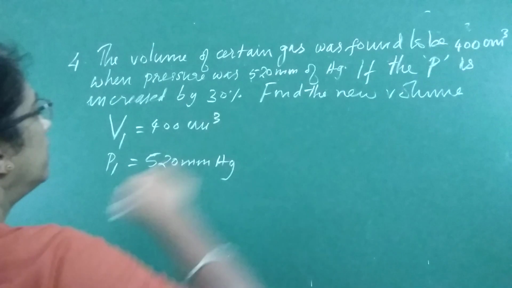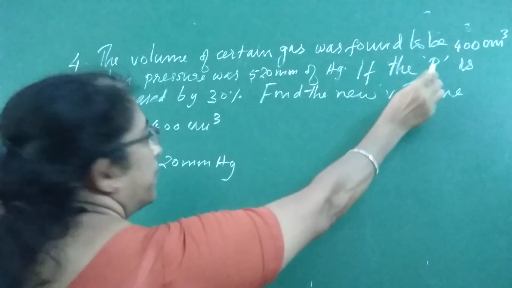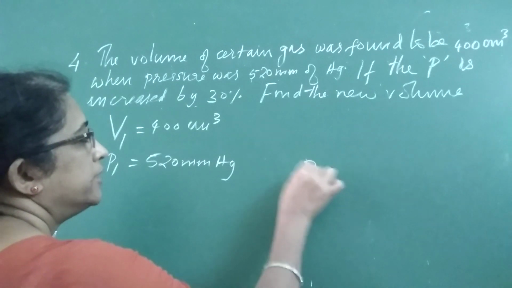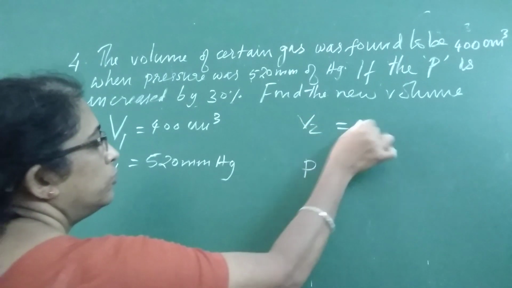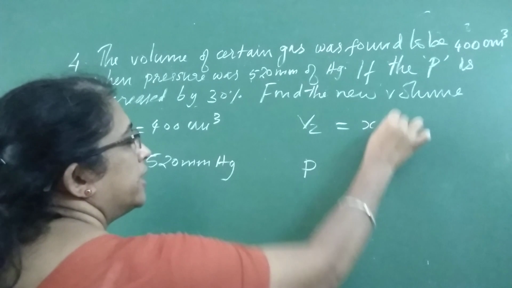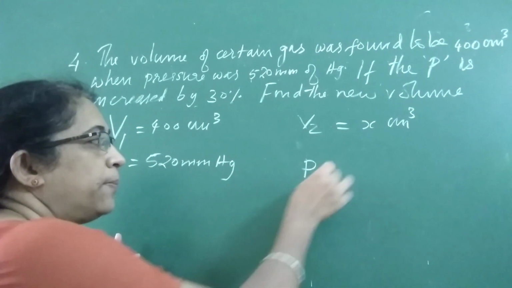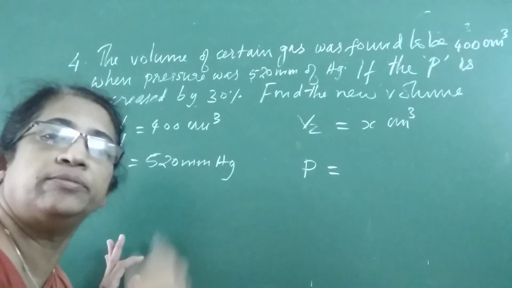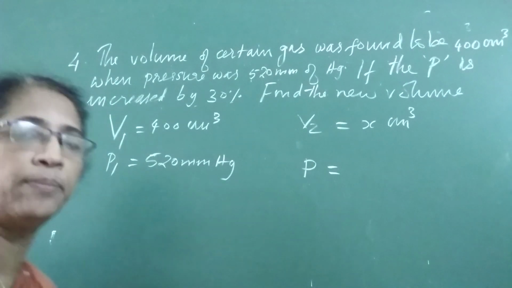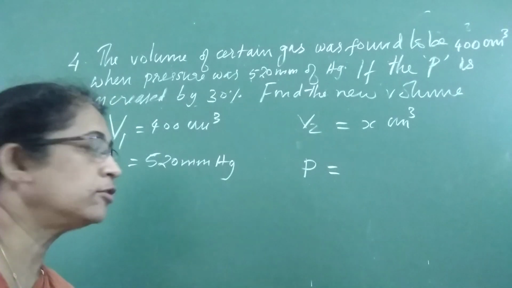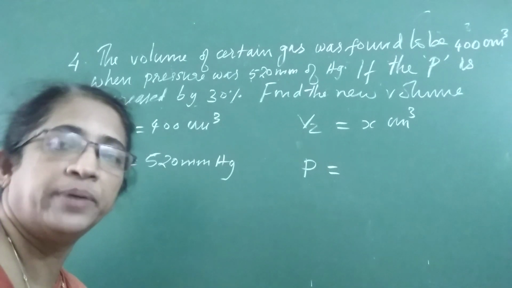If the pressure is increased by 30%, find the new volume. So V2 is unknown, V2 is equal to X cm³. Calculate the final volume if the pressure is increased by 30% of the initial pressure. So first we are going to calculate 30% of 520.